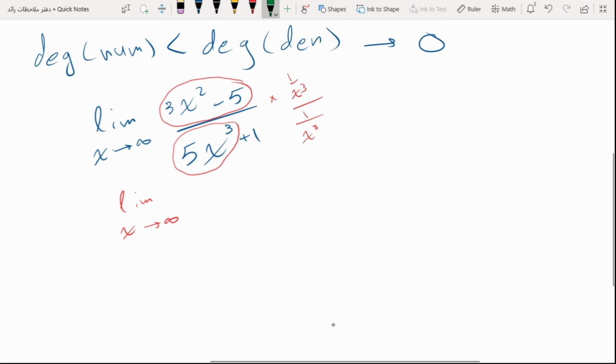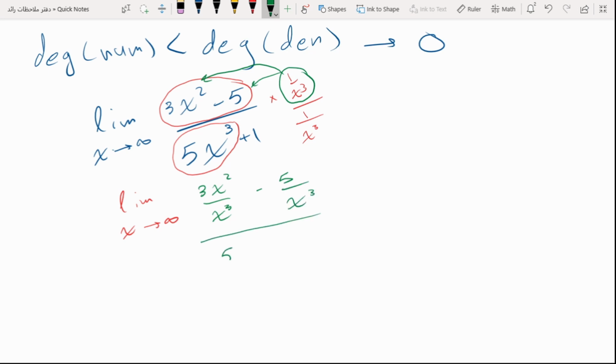Distribute this on all numerator terms: 3x to the power of 2 times 1 over x to the power of 3 is x to the power of 2 over x to the power of 3, negative 5 over x to the power of 3, over 5 x to the power of 3 over x to the power of 3, plus 1 over x to the power of 3.